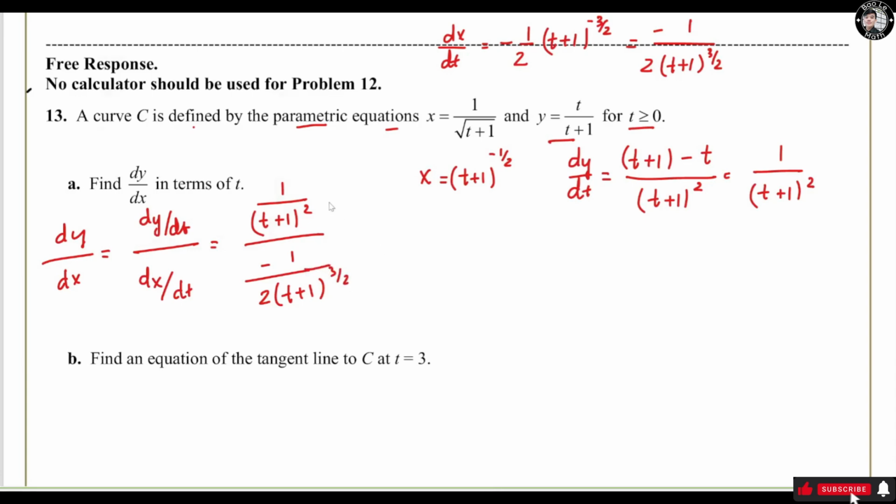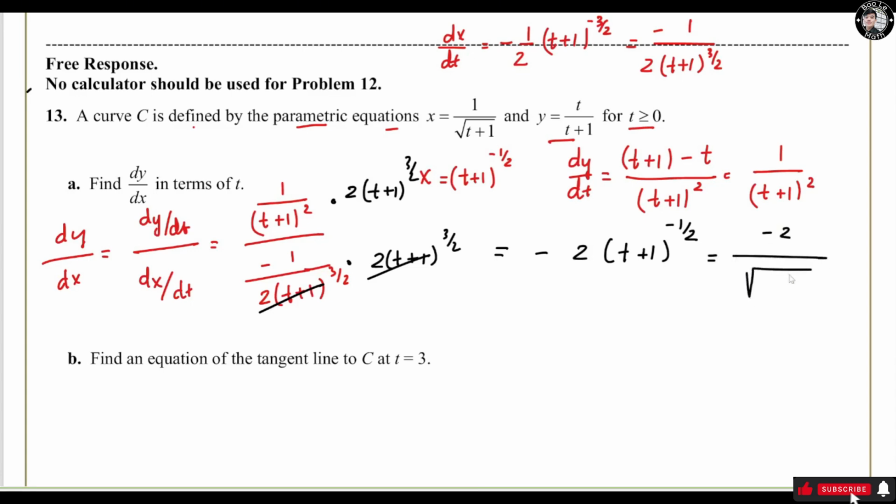We're going to multiply the top and bottom by 2 times t plus 1 to the power of 3.5. So this guy cancels out, you have negative 1 right here, so it's negative 2. Now this guy and this guy cancel out, so it's t plus 1 to the power of negative 1/2, and it's going to be negative 2 over the square root of t plus 1.